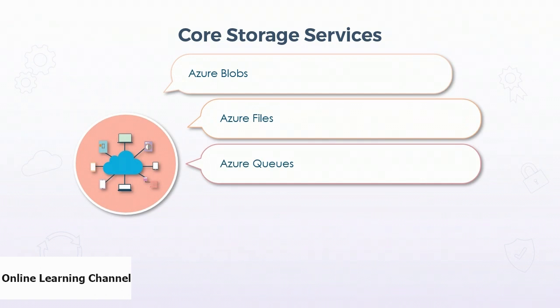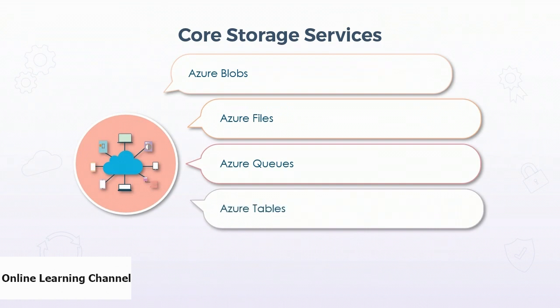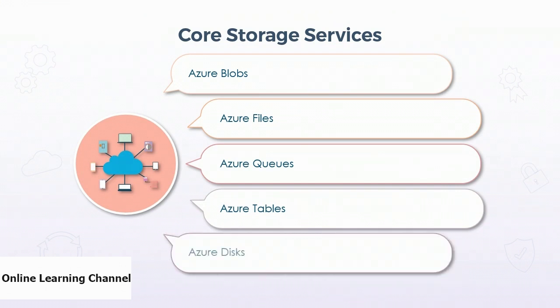One service pushes a message onto the queue, and the other service can pop it off in the same order that it was pushed. Azure Tables is a NoSQL key-value database, in which you can define tables and store records in them in the form of JSON objects. And finally, as I'd mentioned briefly before, Azure Disks offer block-level storage for Azure virtual machines. All of these storage types take advantage of the benefits of running in the Azure cloud that we looked at earlier.